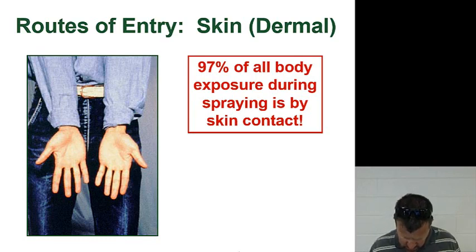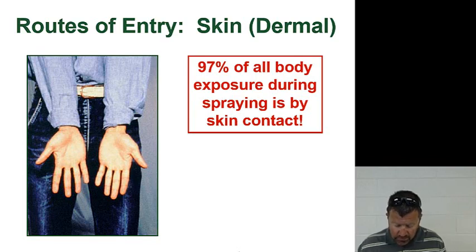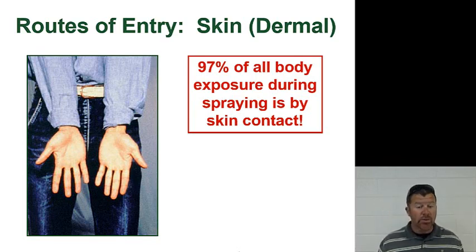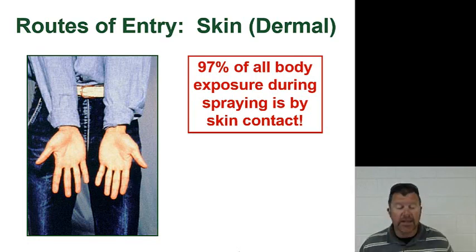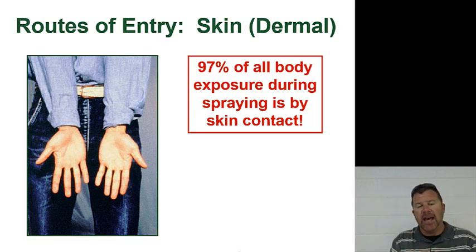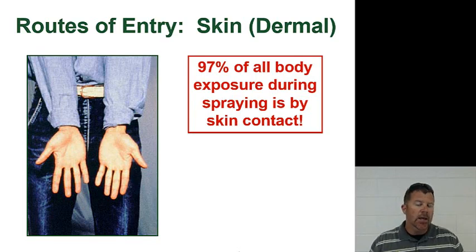My notes say that the person was mixing and loading without the use of gloves. I don't actually know the chemical, but they put a fluorescent dye into the spray mixture.